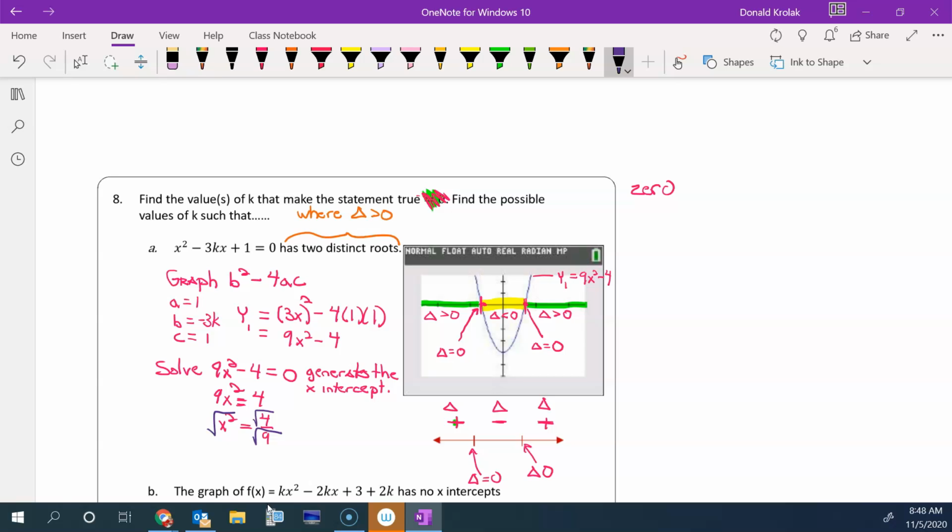Both of those are perfect squares, so this is going to be plus or minus 2 over 3. So one of these is negative 2/3, and the other one is positive 2/3.